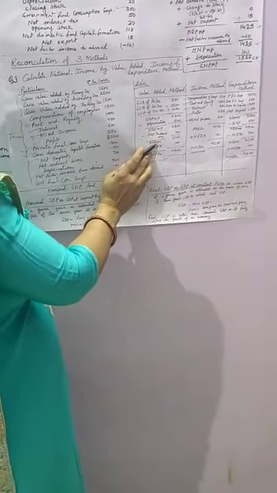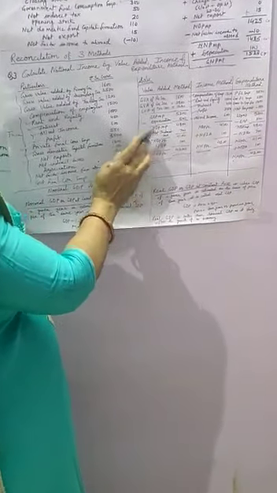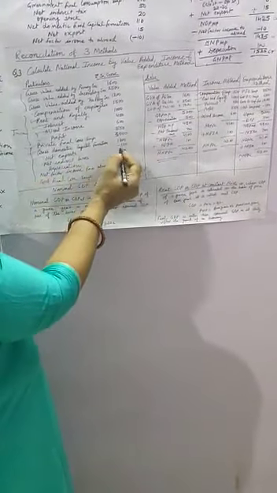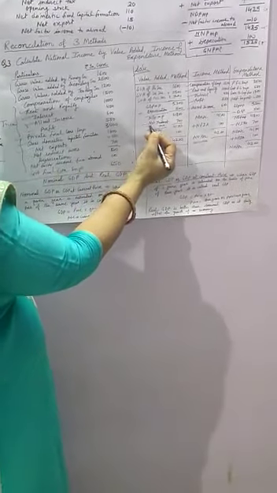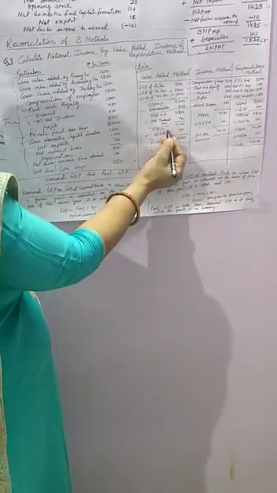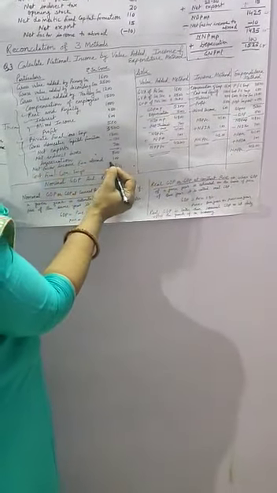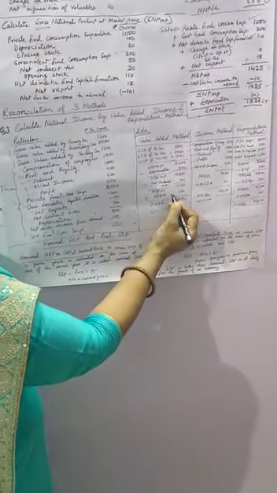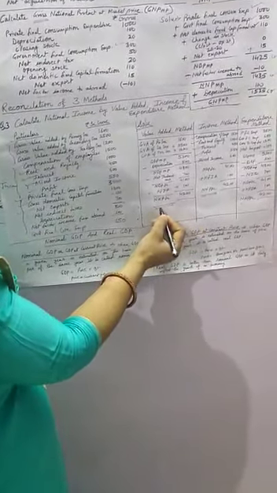NDP MP is converted to NDPFC when you exclude the value of net indirect tax. Net indirect tax is 700. You exclude it and it becomes NDPFC. Then net factor income from abroad, NFIA, is given, this is 100 crores. If you add 100 crores, then 4,200 is the national income by value added method.